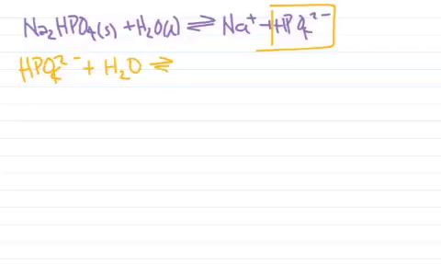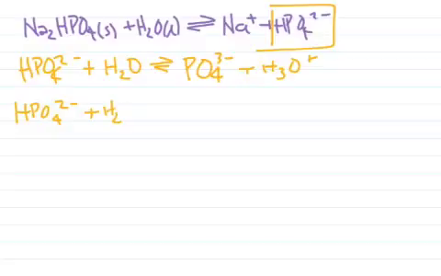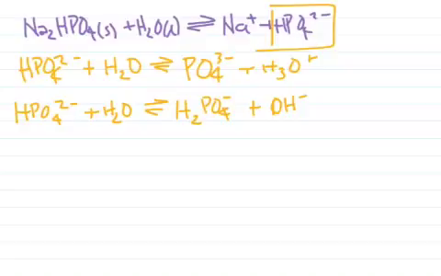If I'm going to make it into a weak acid, I need to lose a hydrogen. So it becomes PO4 3 minus plus hydronium. Now I'm going to make it into a weak base: H2PO4 minus plus OH minus.